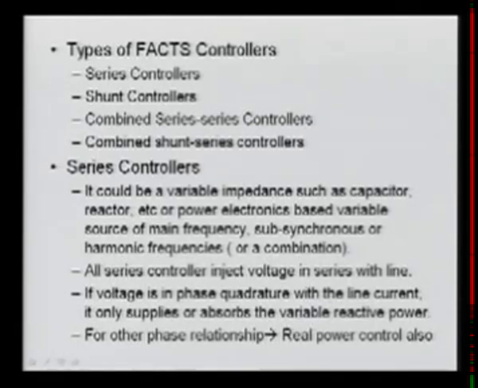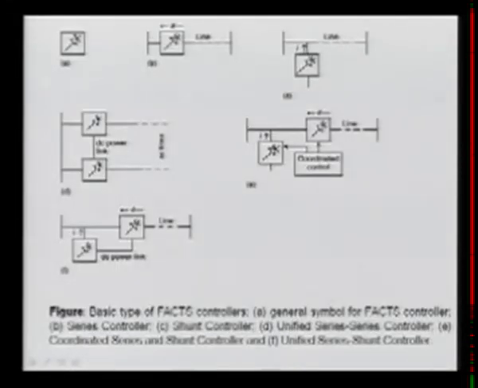The series controller could be a variable impedance such as a capacitor or reactor, or a power electronics based variable source of main frequency, subsynchronous or harmonic frequency. Suppose this is the notation of a FACTS controller. If I put it in series with this line, then it is called a series FACTS controller.